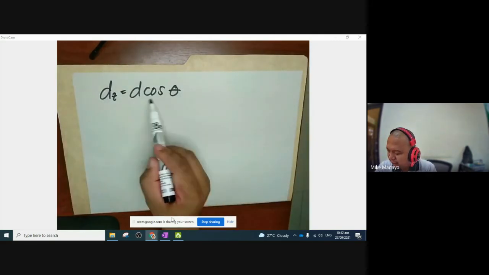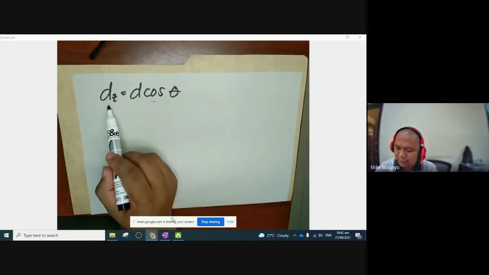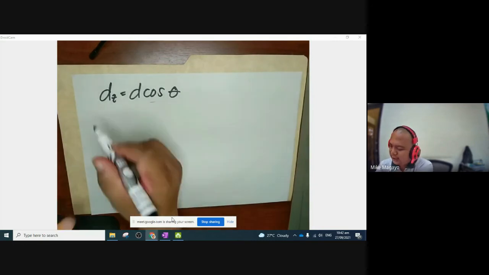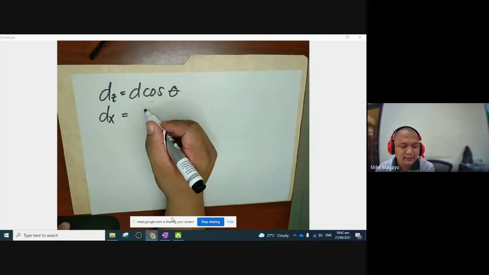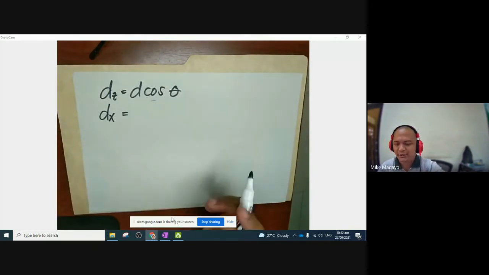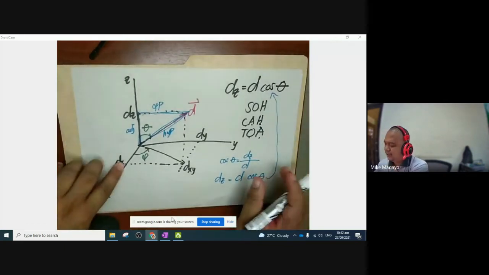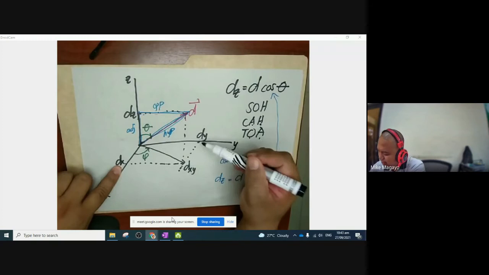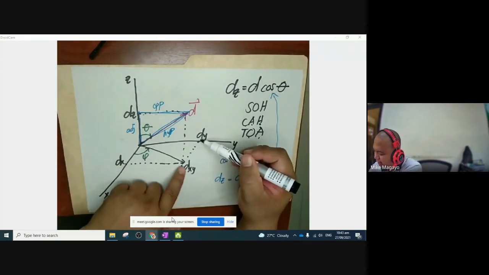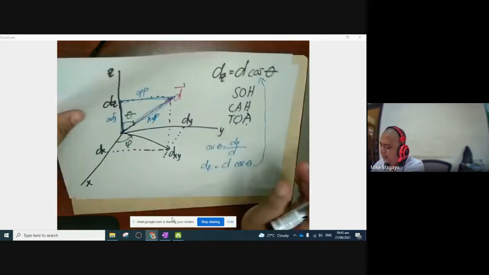So what we have here is basically polar coordinates values, and then we could go to Cartesian. So to calculate for d sub x, okay, now this is kind of tricky. Dx and dy. Let's go back. Dx is basically dxy cosine phi, and dy is the product of dxy and sine phi. So let me write that.